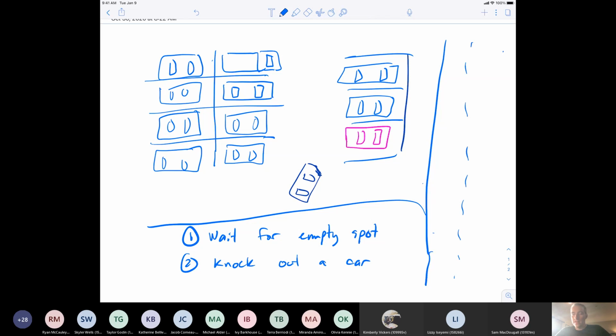One is we can wait for that group to leave on its own, and then something else comes in and takes its spot, which is option one. Or the second option is you ram into that carbon, knock out the group you want to knock out, and you take its place, take that spot. So we're going to look at both of these, and I want you to imagine it's sort of like this scenario where we're trying to take over this parking spot with our car. This isn't just a funny story.